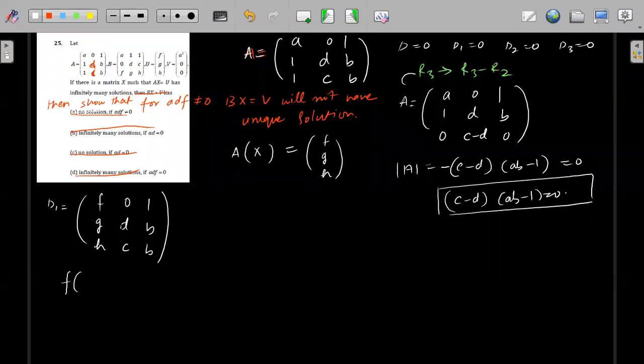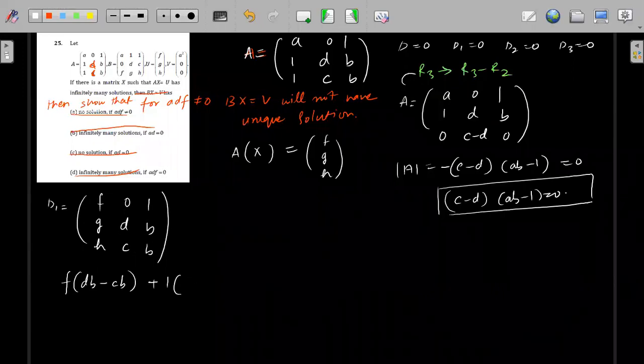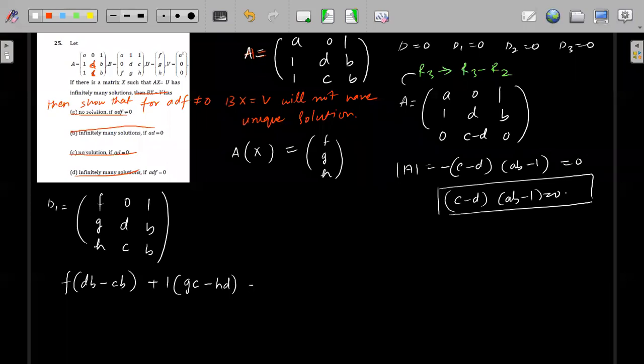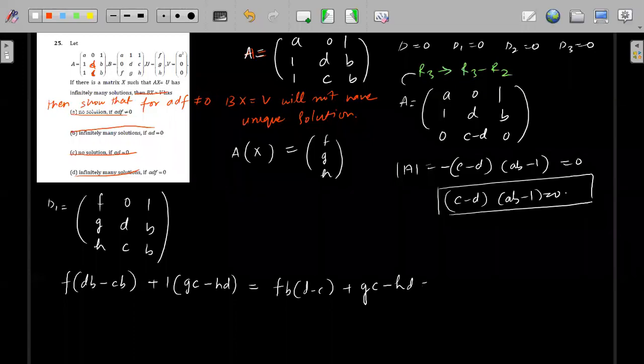This is F into DB minus CB, 0 into something is 0, plus 1 into GC minus HD. So this is simply F B into D minus C plus GC minus HD. This is the value of D1.